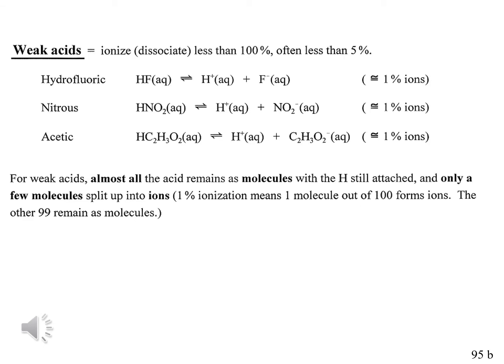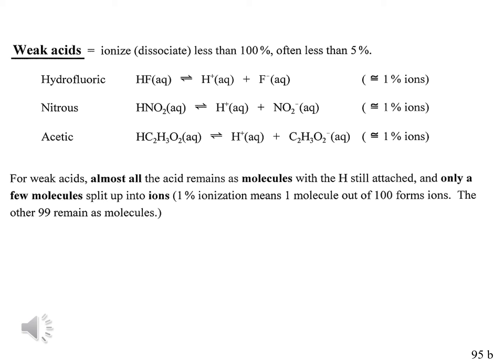Of course, that means weak acids do not ionize 100%, and most of the time it's much less than that. They might split apart 1%, less than 5%. And there's a couple hundred of these in inorganic chemistry, and there's an infinite number of them in organic chemistry.